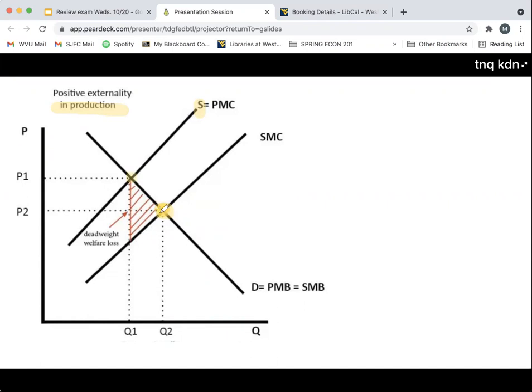So what we're going to do is go from this point where our equilibrium is, that market equilibrium, go down to that social marginal cost curve and find our triangle right here. So this is that deadweight loss associated with this positive externality because we're not producing more. We should be producing more.